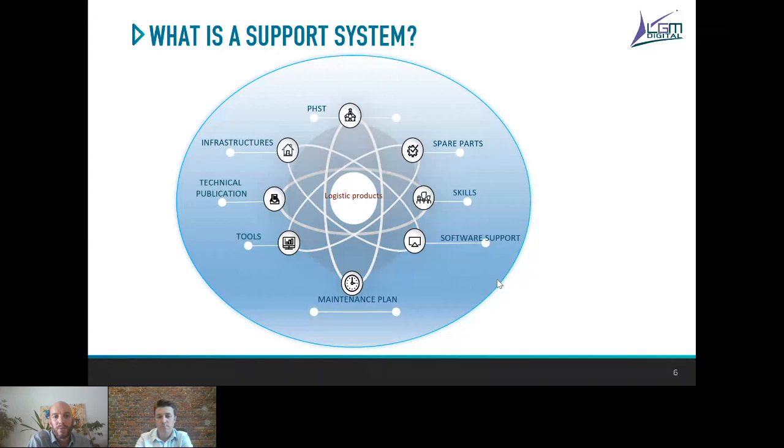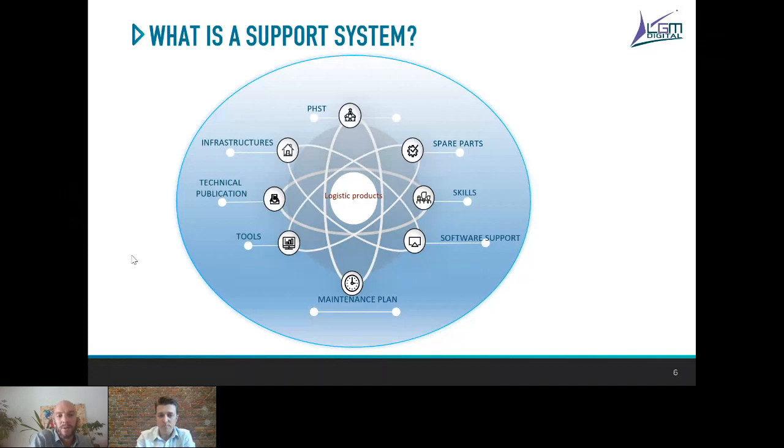Then you have the infrastructure. The infrastructure can sometimes be the big tools, very big tools, like an overhead crane. Infrastructure can also be the storage building description: how you have to store your material, where you have to store your materials.